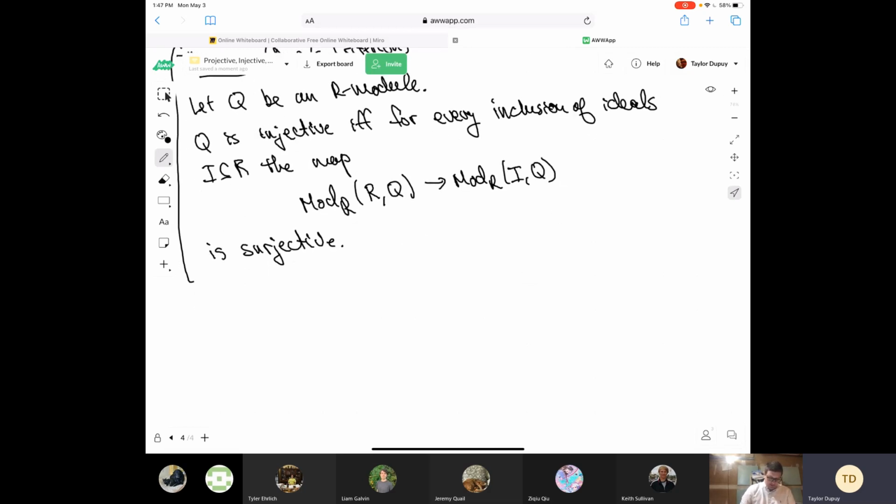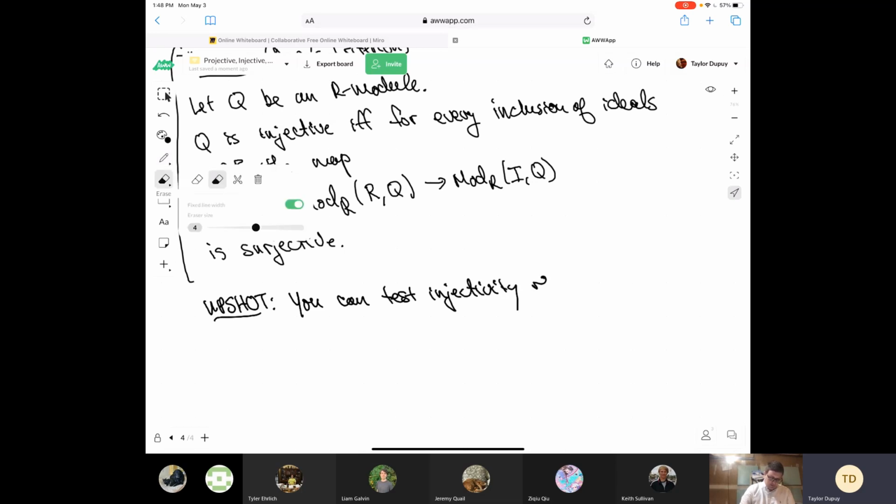The upshot here is that you can test injectivity on the stupidest modules you can possibly think of.